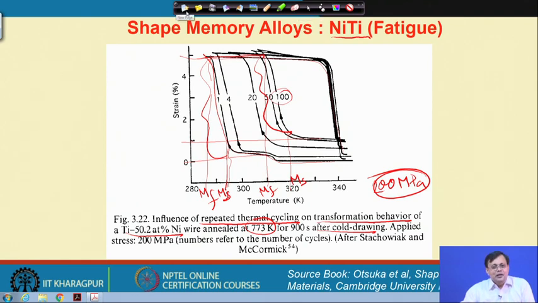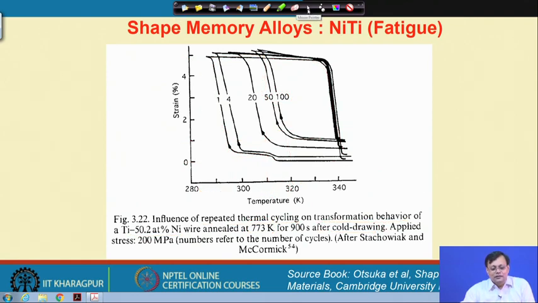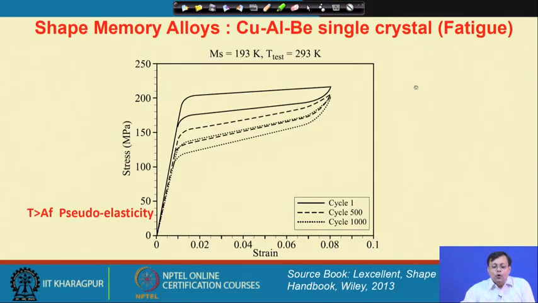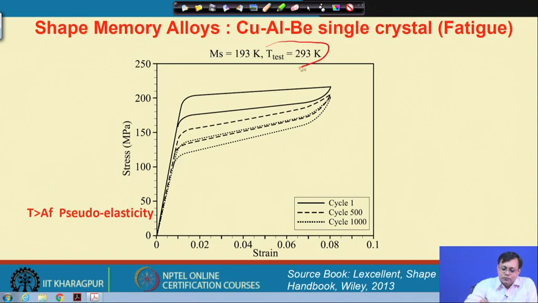A very similar behavior is also observed in other non-ferrous shape memory alloys. Let me show you another example, copper aluminum beryllium. Here the test temperature is 293 K, close to room temperature, and the MS temperature is well below.